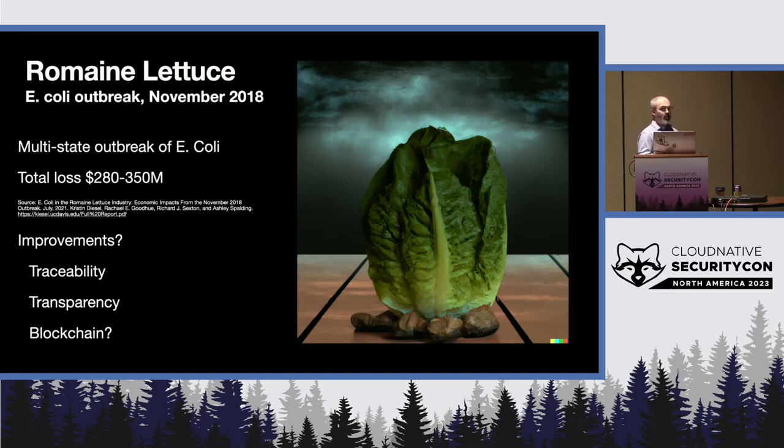For example, Walmart food safety teams before this event could take as many as 7 days to trace where food that was sold in their store originated, because it was all tracked on paper. It had to be tracked through farm, processing, packaging, distribution, sales.